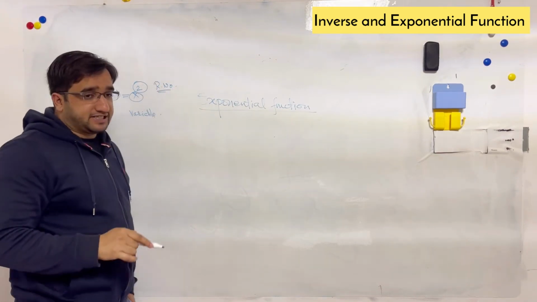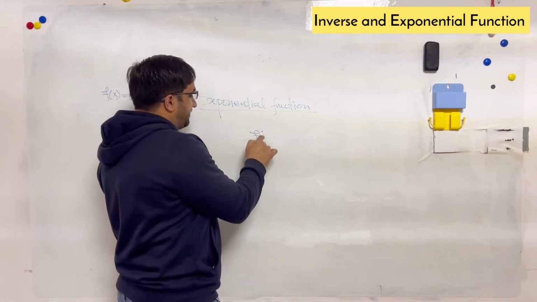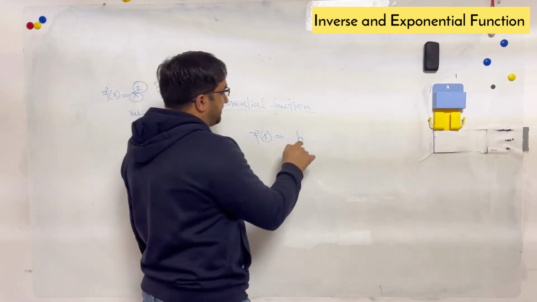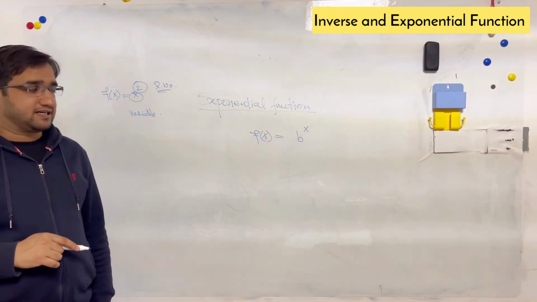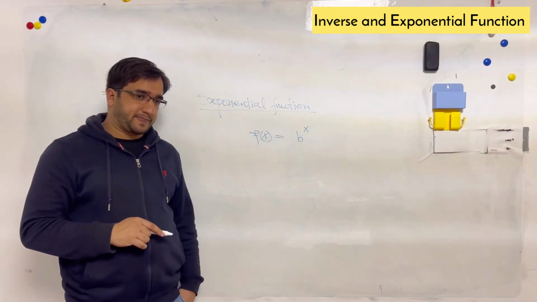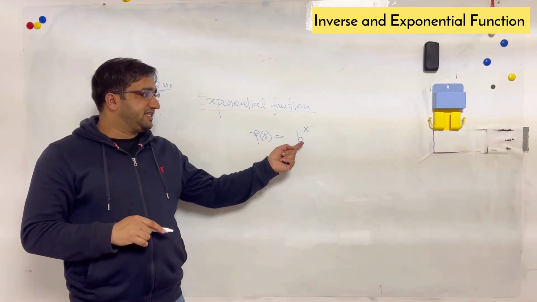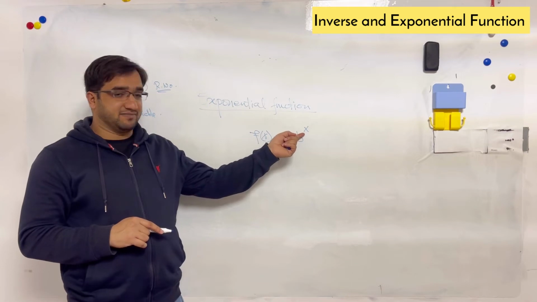So the basic definition of an exponential function is any function in the form where some real number is taking the power of a variable. This is called an exponential function. This b is any real number, and this b is taking a power, and the power is not a constant number, it is a variable.